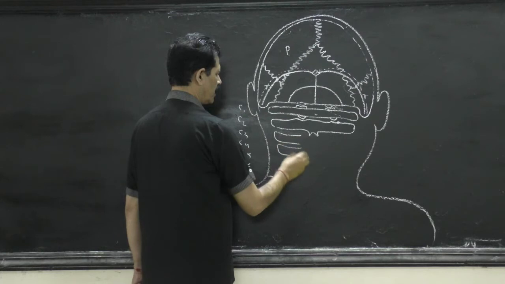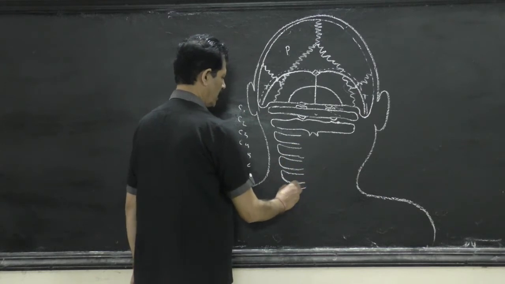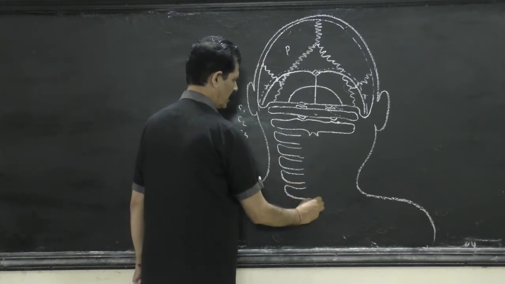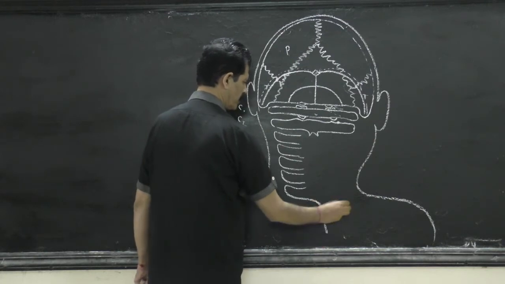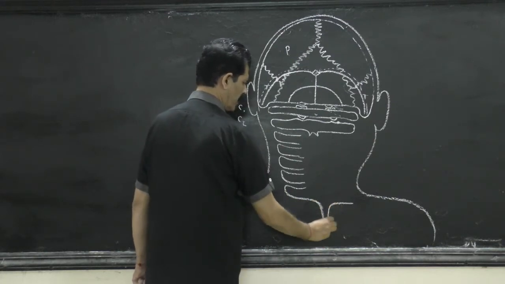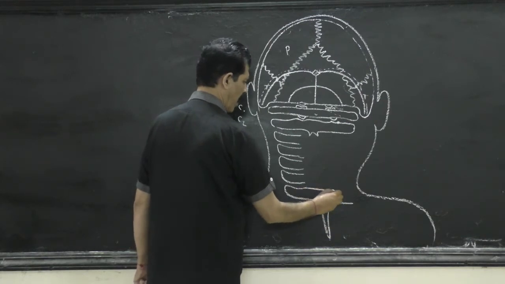C1, C2, C3, C4, this is C5, C6, C7, and what is the other name of the C7 vertebra? Anybody? What is the other name of the C7 vertebra?